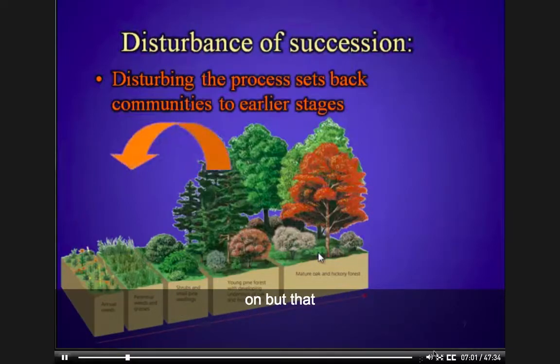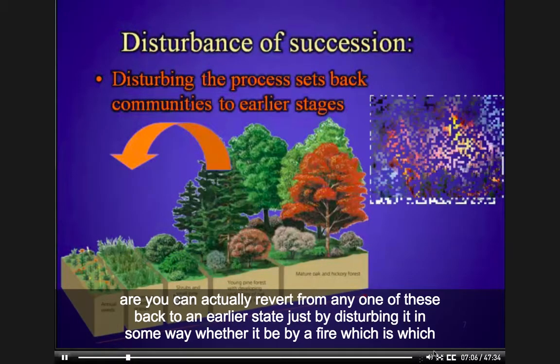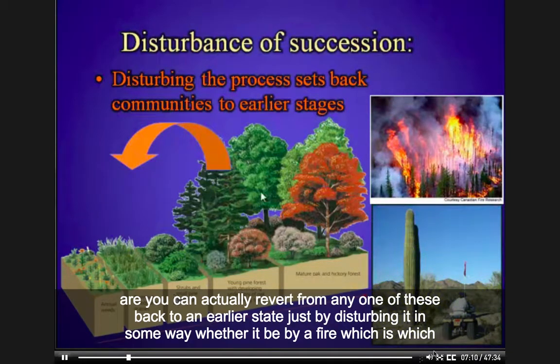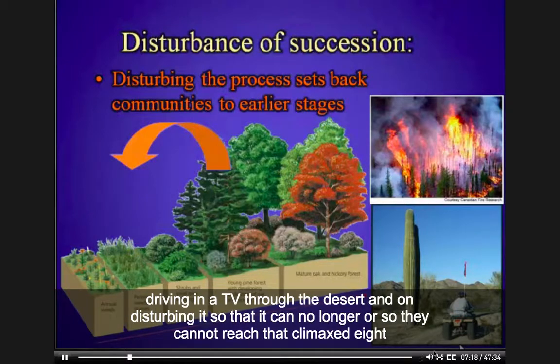But you can actually revert from any one of these back to an earlier state just by disturbing it in some way, whether it be by a fire, which can be natural, or by man-made reasons. So disturbing an area here is like driving an ATV through the desert and disturbing it so that it cannot reach that climax state.